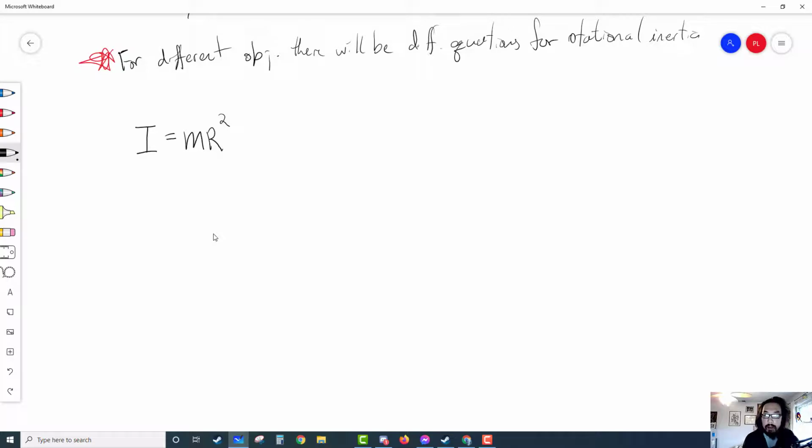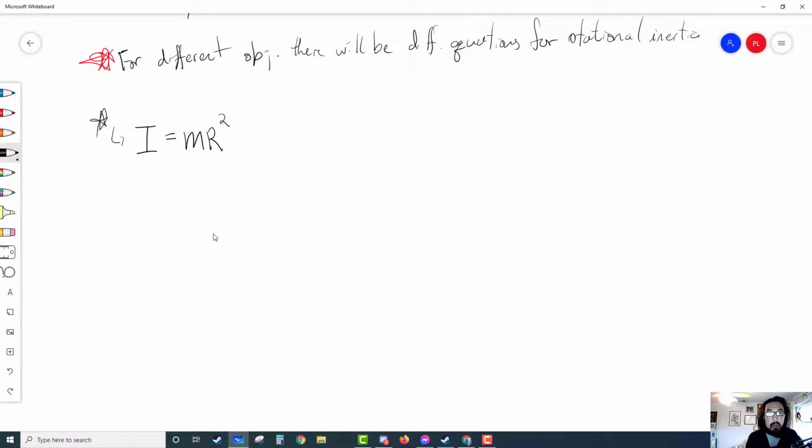Now there's a lot more going on with this equation, but what I want to do is show you the different shapes and how those different shapes change this base equation. Okay, but before we do that, the important thing is that the rotational inertia is based on an object's mass and its radius squared. So before we move forward, as always, let's look at the relationships between the variables.